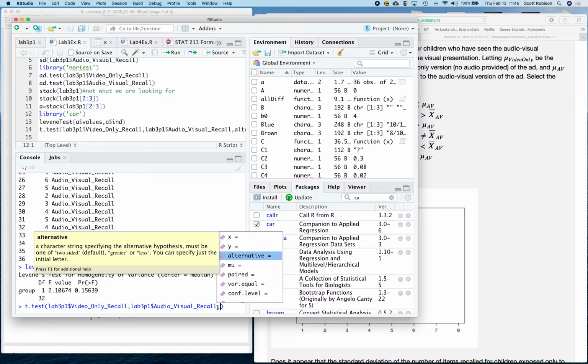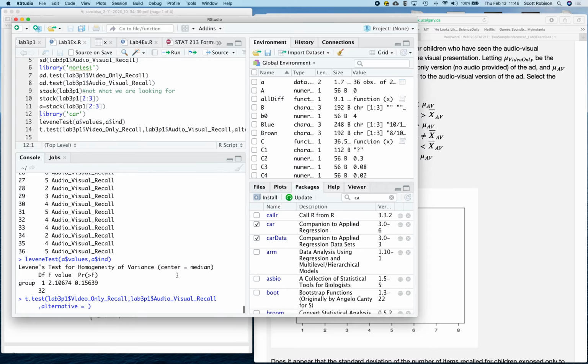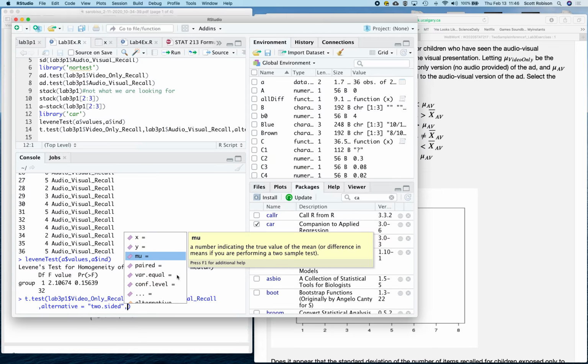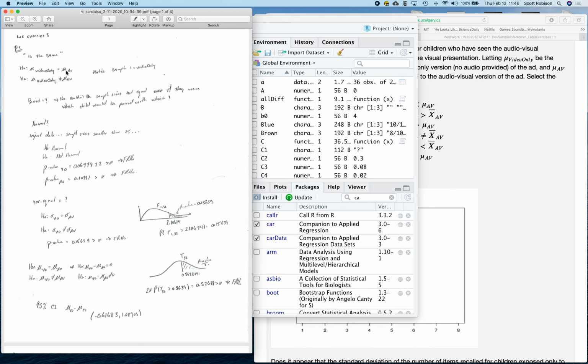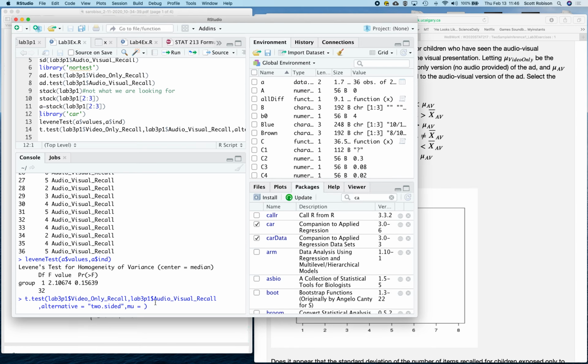And then here, what's the sign? In this particular case, I am doing a two-sided test because the sign in the alternative hypothesis was not equal to. The number that is associated with the hypothesis, there is no number, so that's going to be a 0.